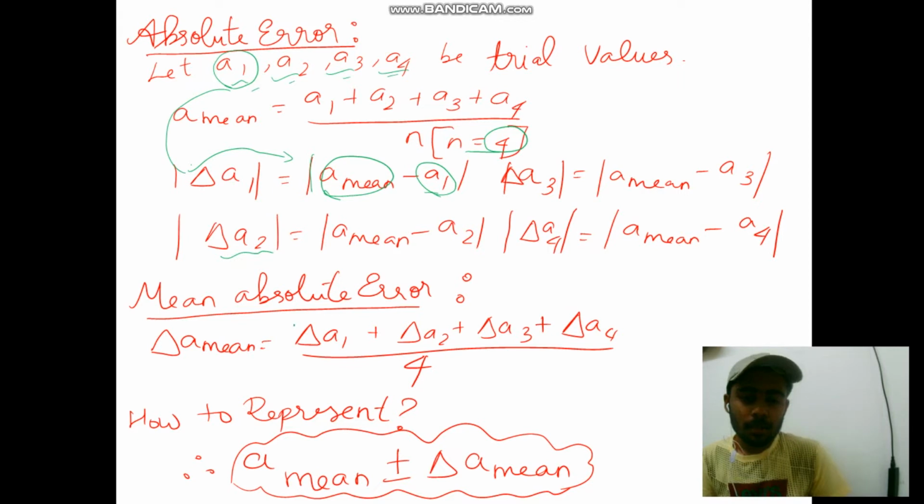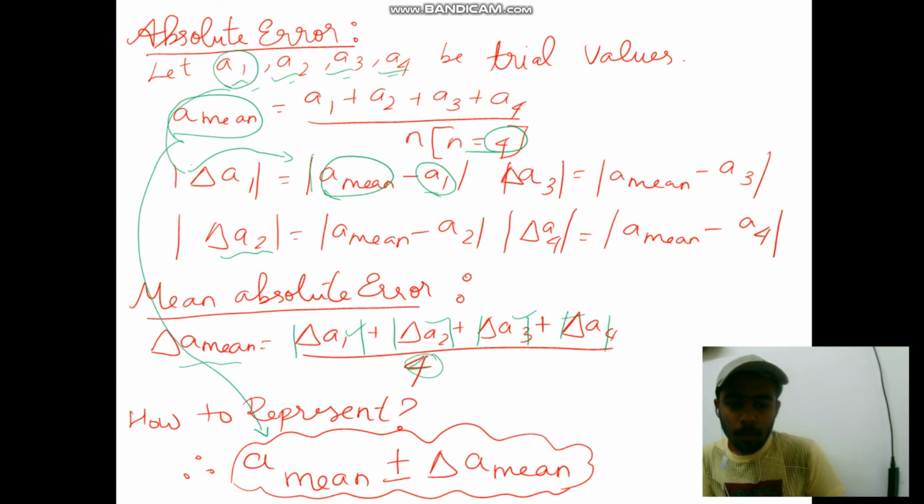Mean absolute error means we take all the absolute errors found in the above step and find their mean by dividing by the number of trials. Here we have 4 trials, so we divide by 4 to get the mean absolute error. Now the quantity is represented as the average value plus or minus the mean absolute error.